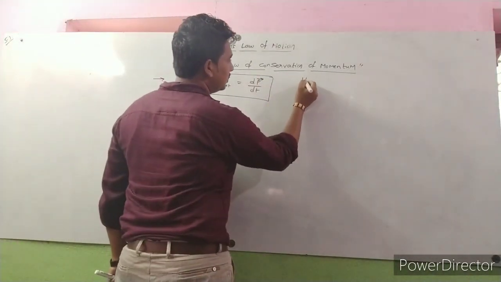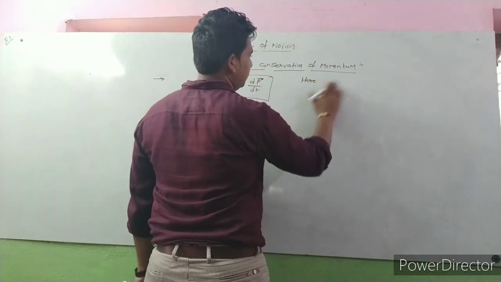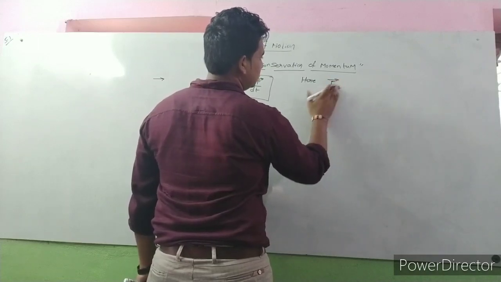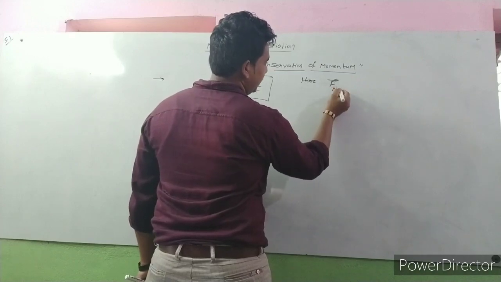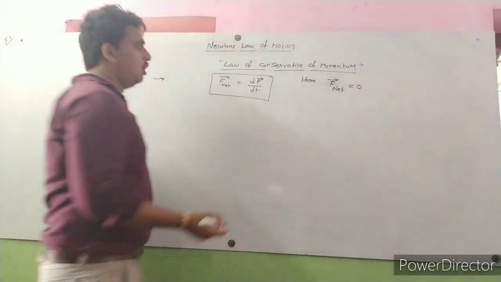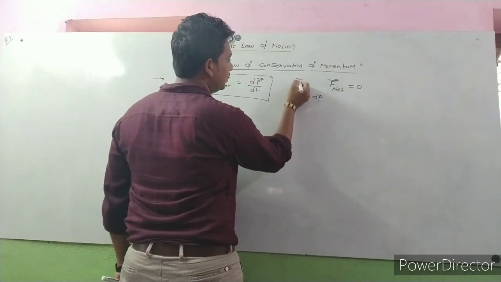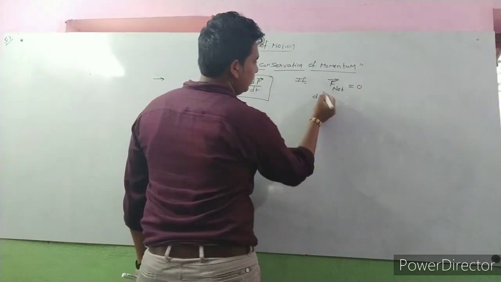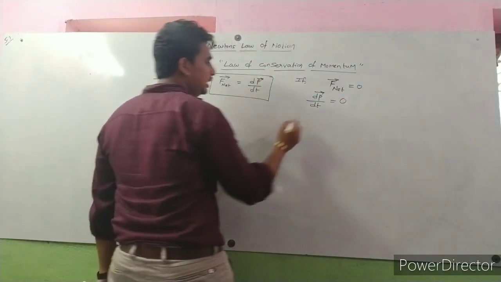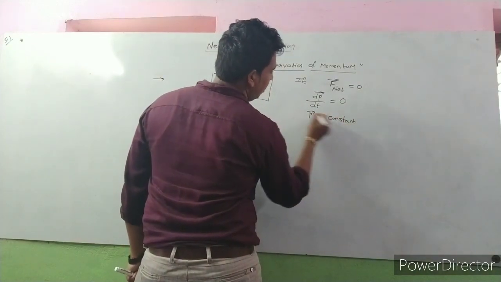So here, F external or net force, F net is equal to 0. If F net is equal to 0, then what will happen? dP by dt is equal to 0. So then P is equal to constant or not? P is equal to constant.